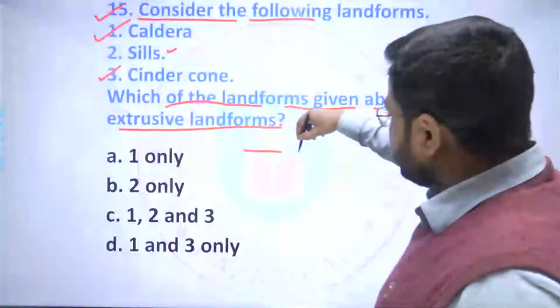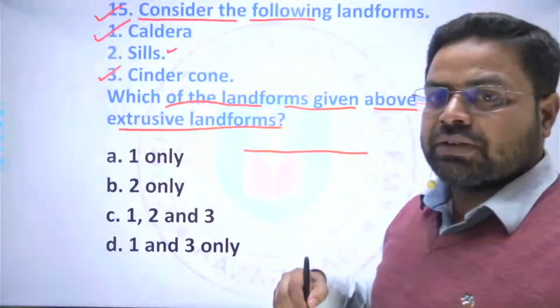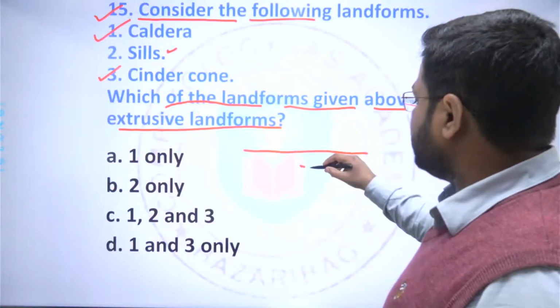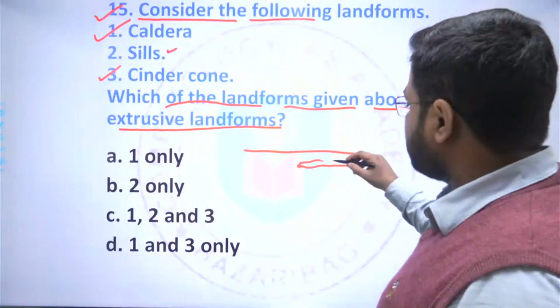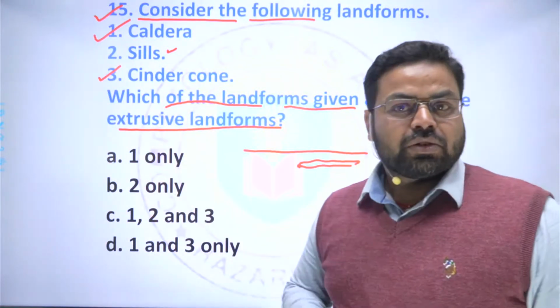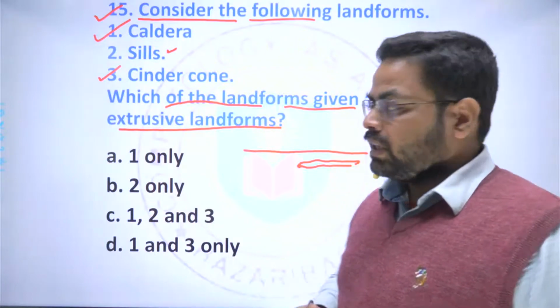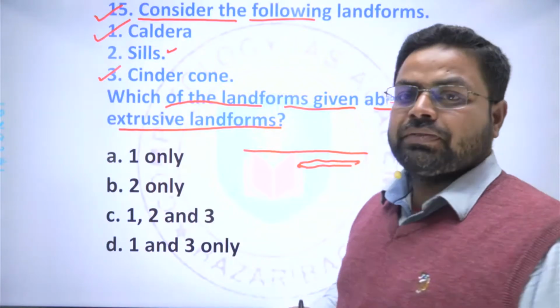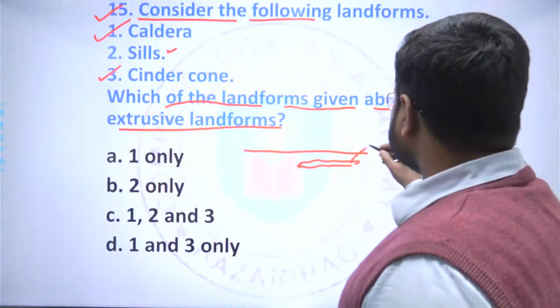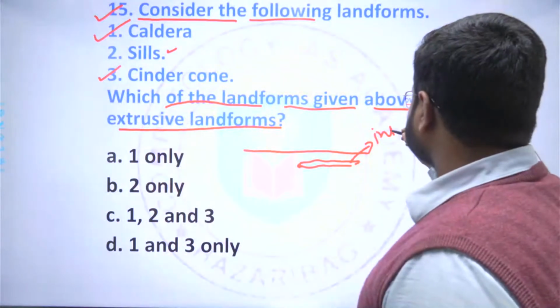Suppose this is the earth surface. If any kind of landform or rock type solidification goes on under the surface of the earth, then it is called an intrusive landform.